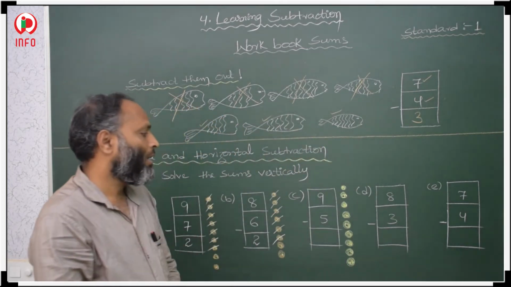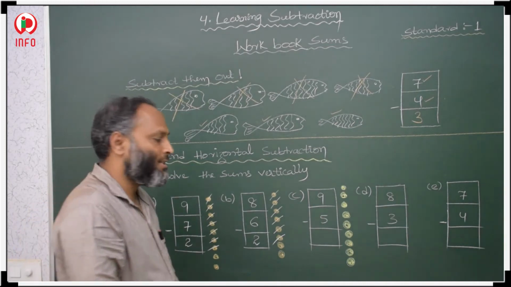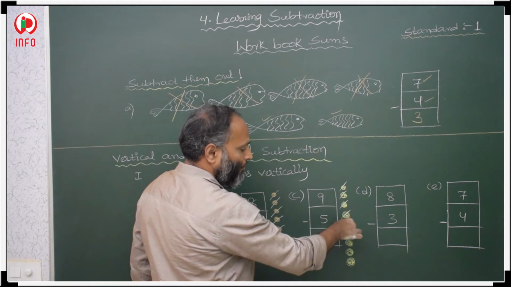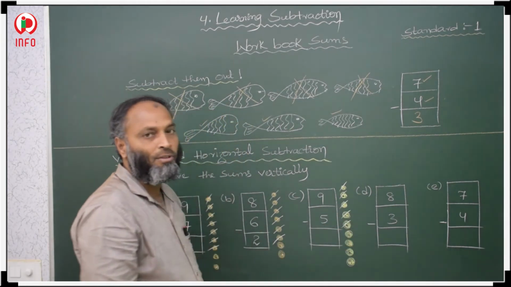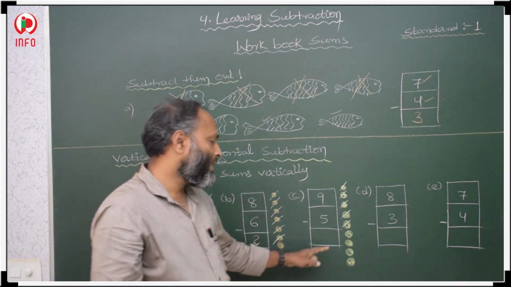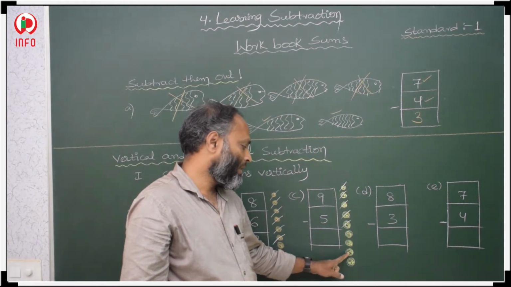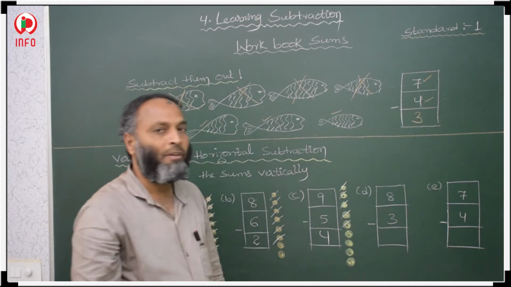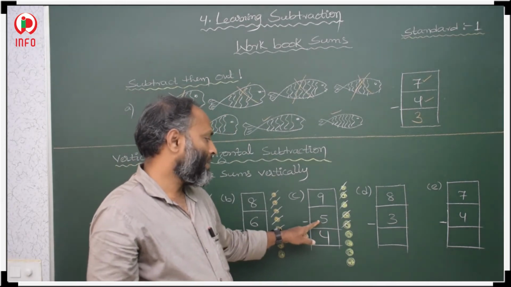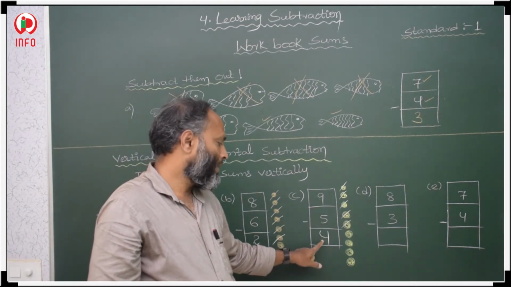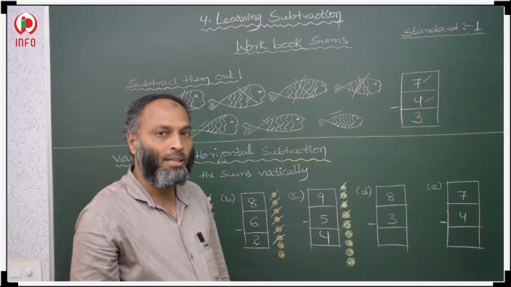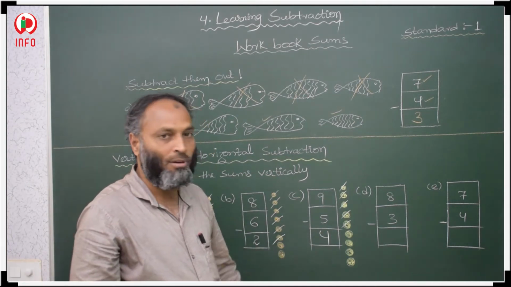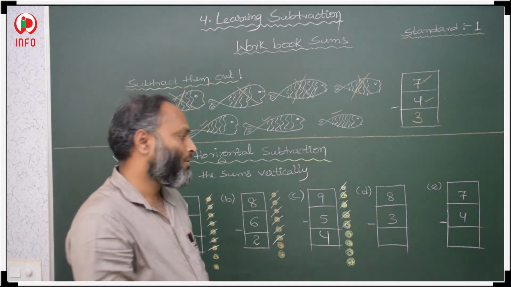In 9 dots, we have to eliminate 5 dots. 1, 2, 3, 4, 5. 5 dots we have to remove. Then how many dots are left? 1, 2, 3, 4. The answer is 4. If 5 is subtracted from 9, the result is 4. It means 9 minus 5 is 4.